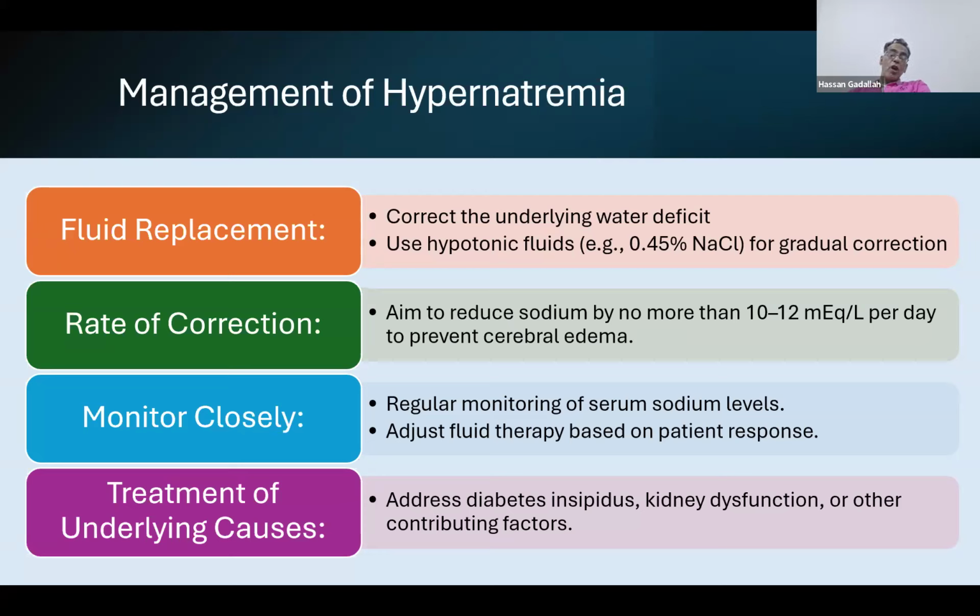Of course, if we are correcting hyponatremia, just to stick to the recommended range, we have to regularly monitor the serum sodium, and depending on the rate we would like to correct, we have to adjust fluid therapy based on the patient response.